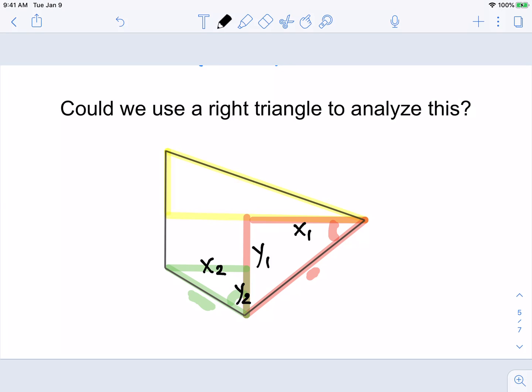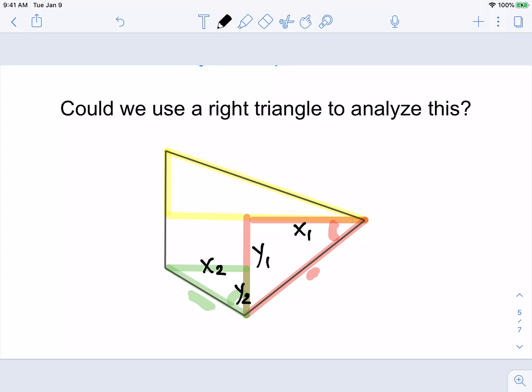So x2 and y2 are the green x and y legs, and x1 and y1 are the reddish one. Now notice there's an overlap with the red y1 and the green y2. Okay, I'll explain a little bit of that later.